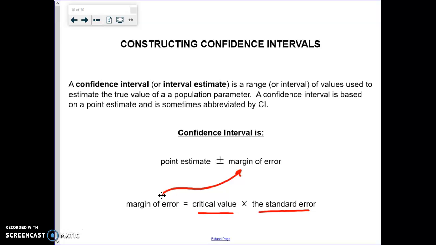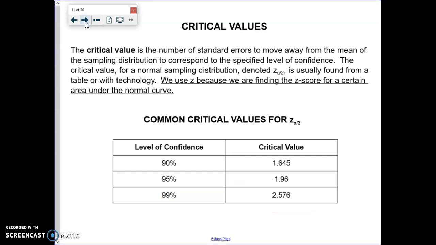Now, what that critical value is and how we find it, and that standard error, are going to differ a little bit, but it shouldn't be too difficult if you understood the last target, okay? First of all, the critical value. When we used sample means to estimate a population mean, we used a t-distribution. Why?